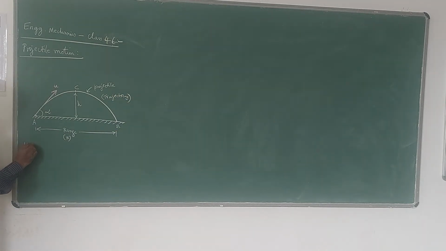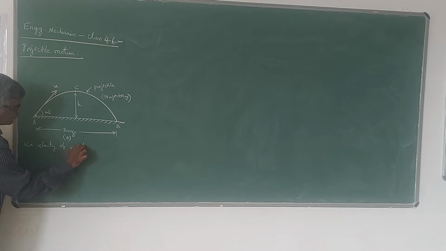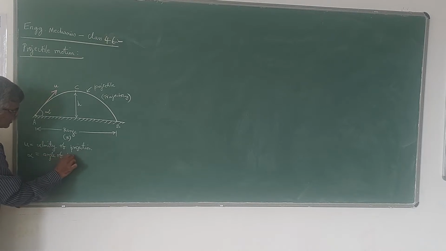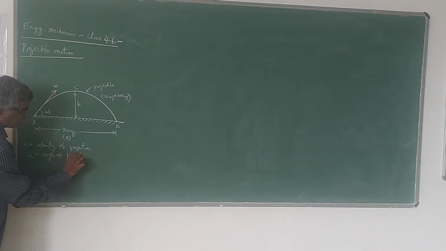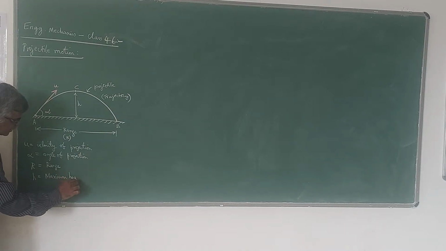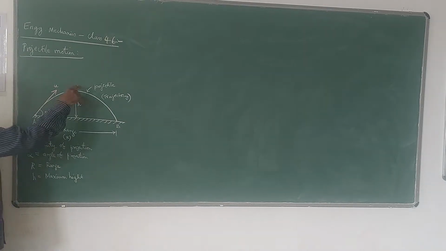So u is the velocity of projection, alpha is the angle of projection, R is the range or maximum range, and H is the maximum height that the projectile has reached.